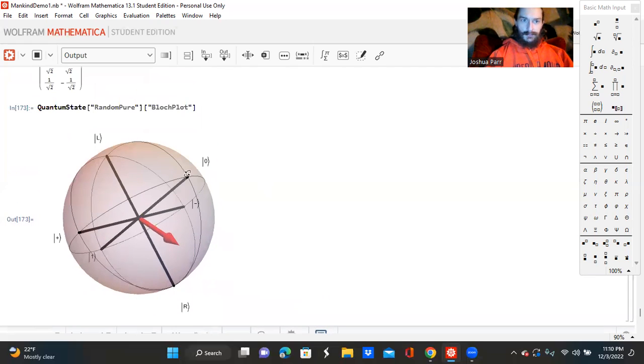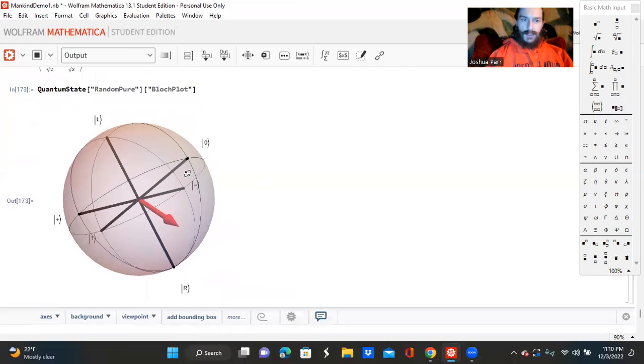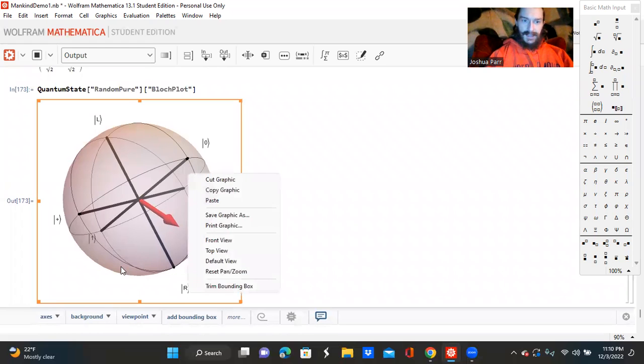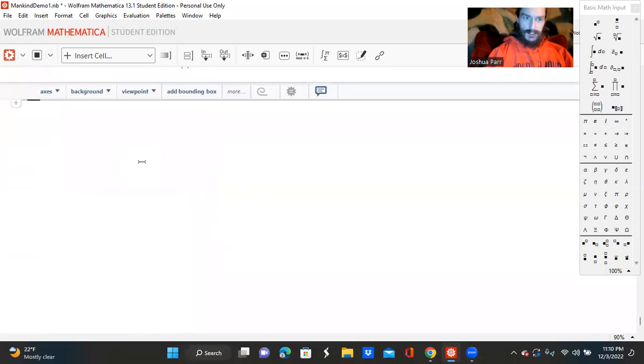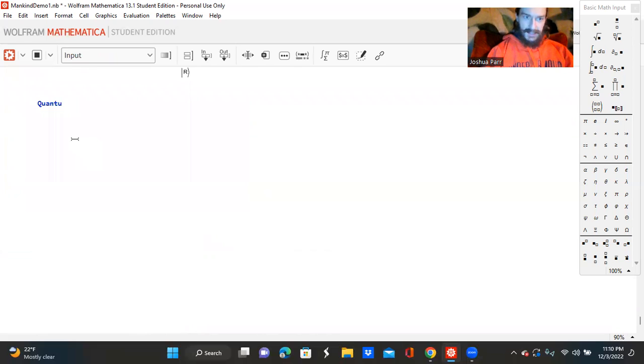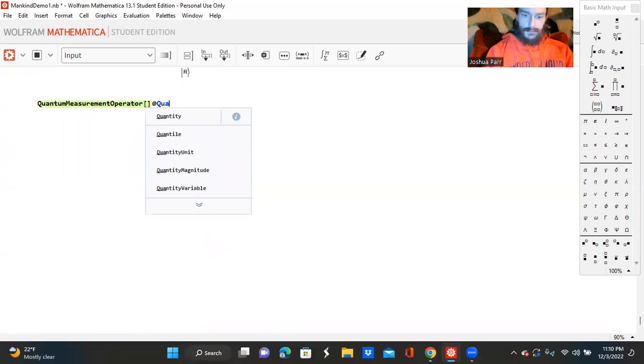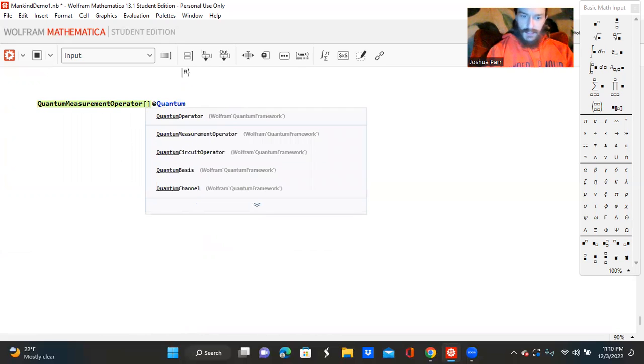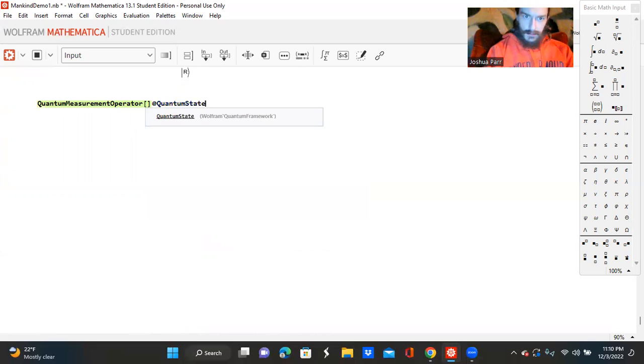So I want to do a quantum measurement operator on this state here. I'm going to do a quantum measurement for the first time here. It looks like, so, sampling from my circuit.